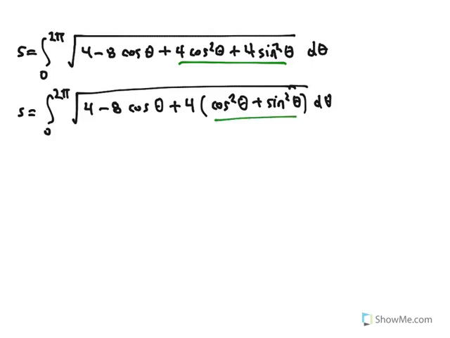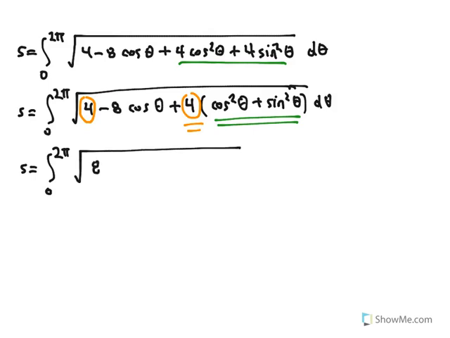And that's good news, because we know from the Pythagorean identity that cosine squared theta plus sine squared theta is equal to 1. So what you really have is just 4 times 1, and then you have 4 plus 4, which will give you 8. So now we can write the definite integral from 0 to 2 pi, and we have the square root of 8 minus 8 times cosine theta.